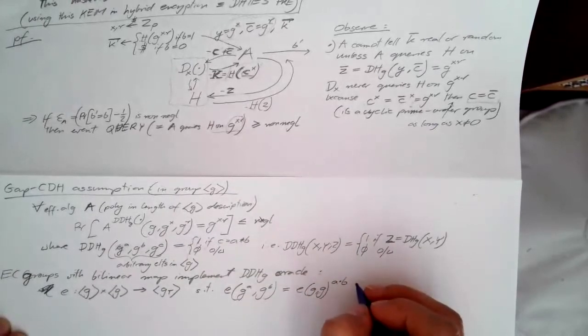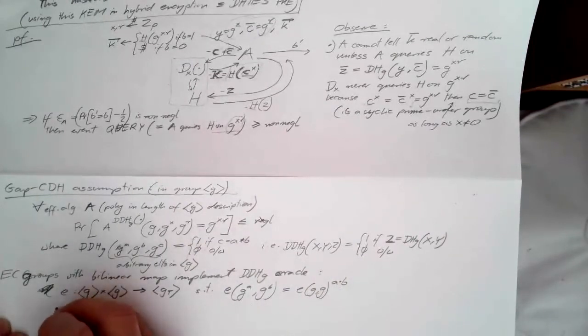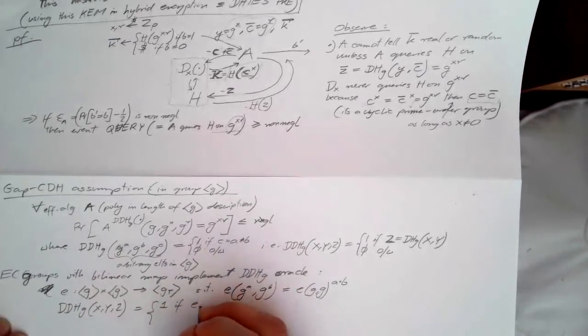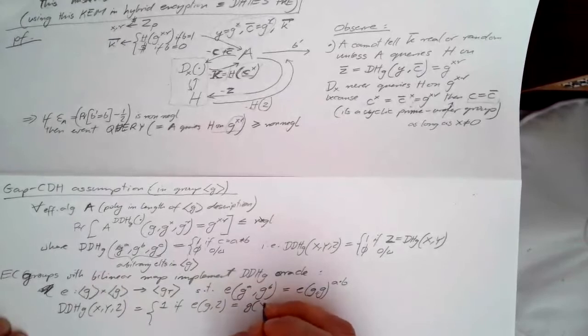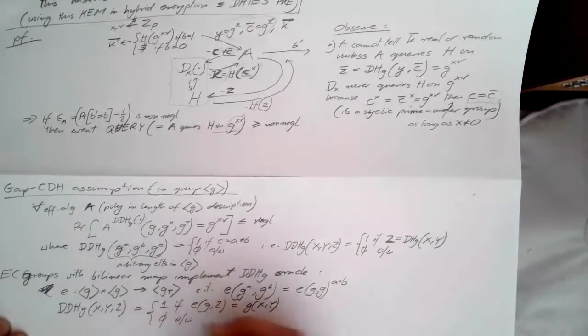And this immediately gives the decisional Diffie-Hellman oracle, because DDH on X, Y, Z can be implemented as: you output 1 if the bilinear map on g and Z is the same as the bilinear map of X and Y, and 0 otherwise.